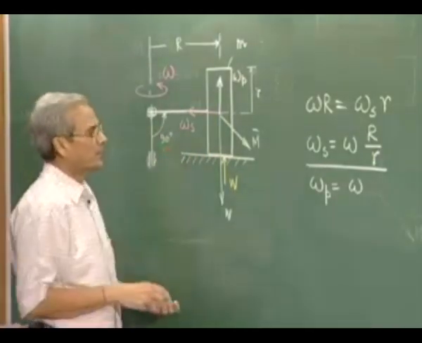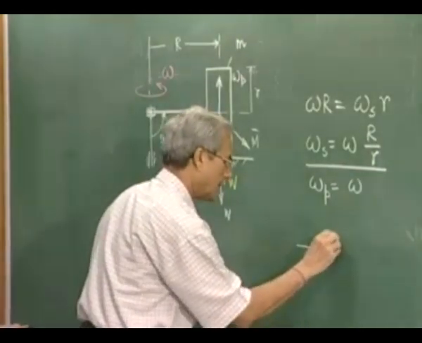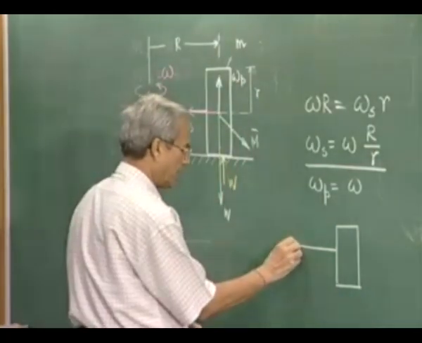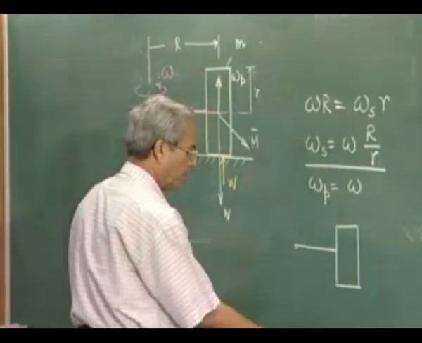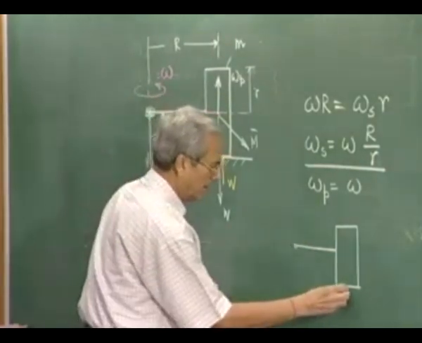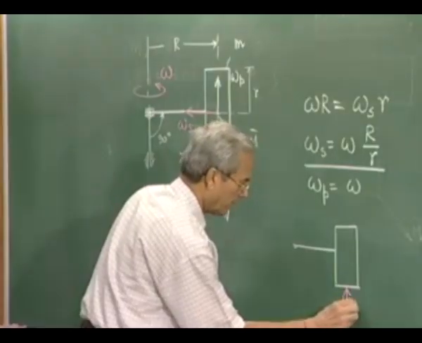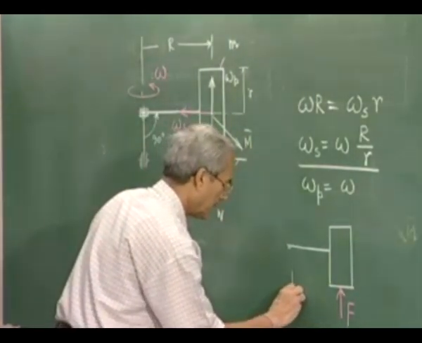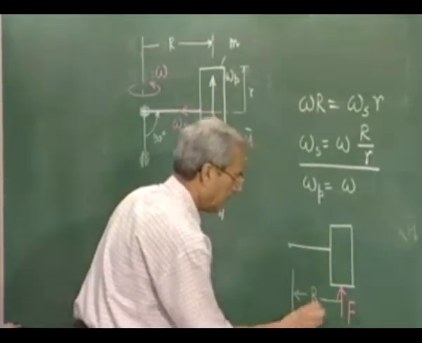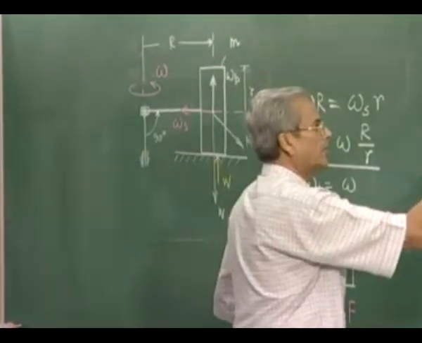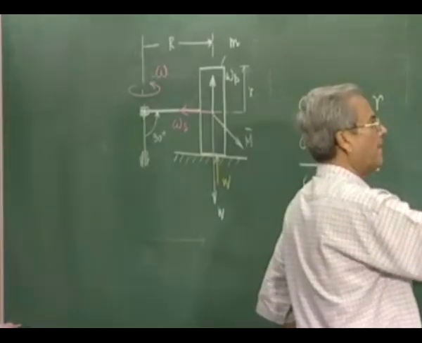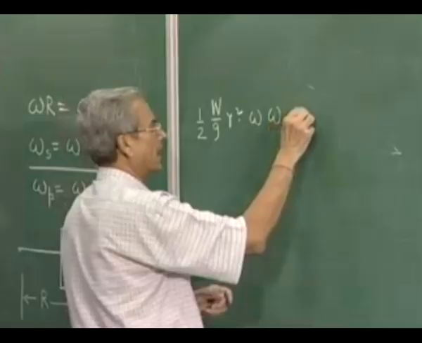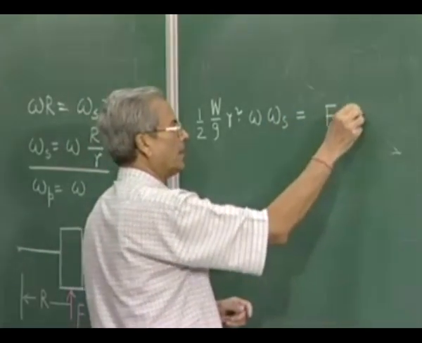Now let us see how this can be given a moment in this direction. A moment in this direction means an extra force in this direction, in such a way that this distance being r, F into r is the moment, which is I omega into omega s, and that is equal to F into r.